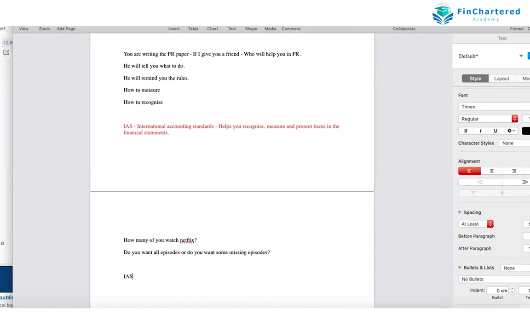Same way, IAS 1 tells you what a complete set of financial statements should include.